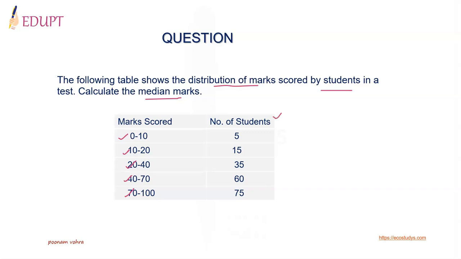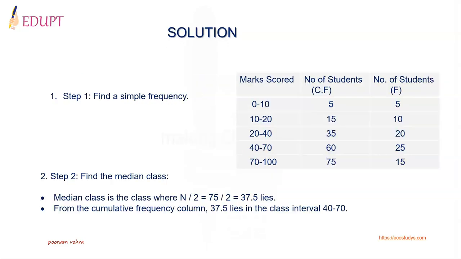Number of students are 5, 15, 35, 60 and 75. So one can observe that the class intervals are unequal and the number of students, which is a frequency, is cumulative frequency. Let's have a look at the solution step by step.